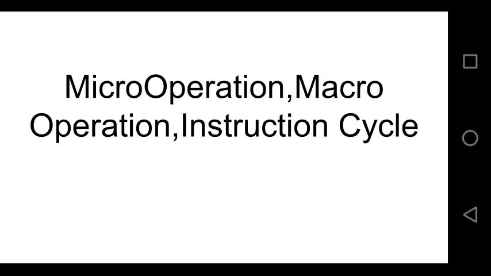That means when the instruction decoder in the control unit decodes that a particular opcode has to be performed, this task of executing an instruction is divided into some number of small operations.